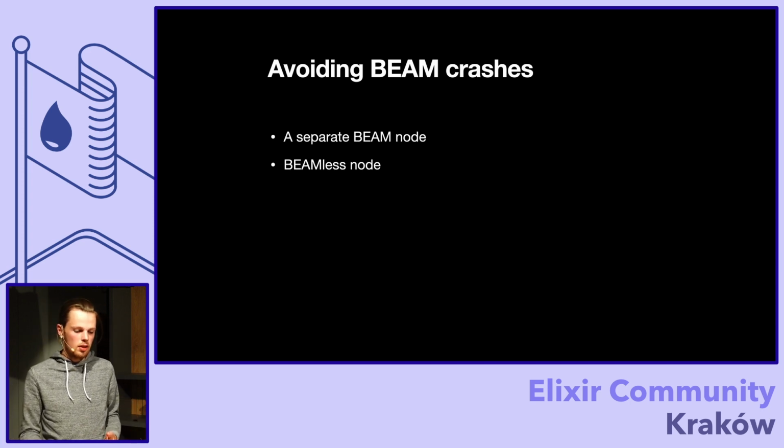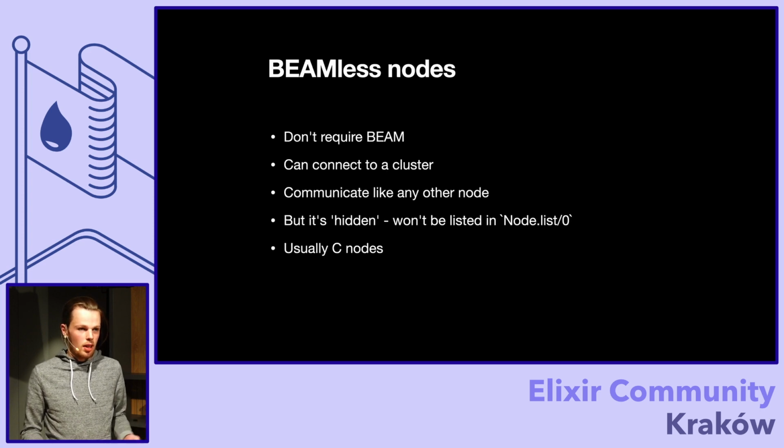However, in that case, it's usually better to use something that I call a beamless node, which isn't actually a Beam instance, but can connect to the Erlang distribution cluster. So here we basically leave the area of NIFs. If you don't want a bug in your native code to crash the whole Beam, then just don't use them.